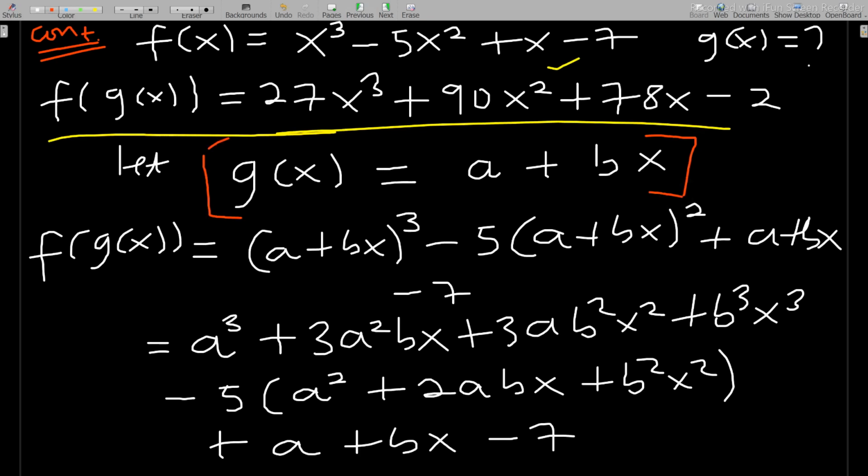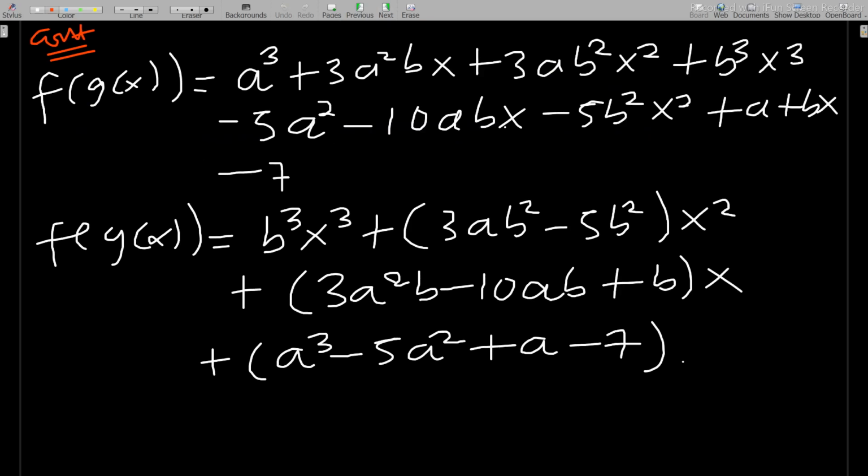But we've been given f of g of x like this, so we'll have to come and write it there.